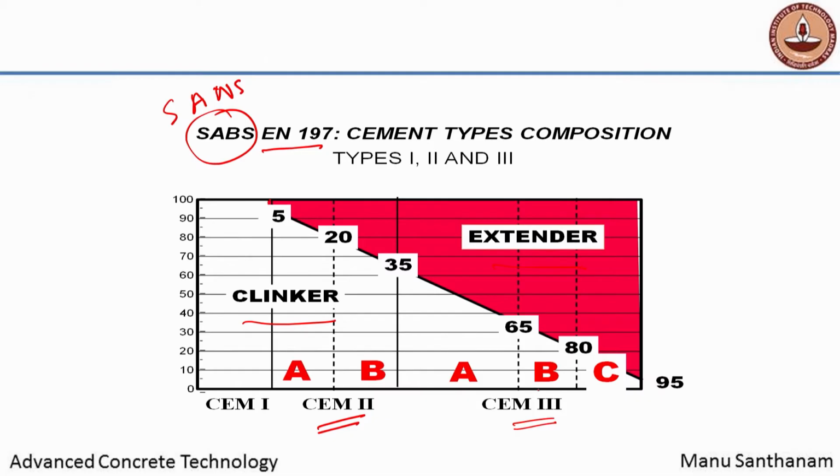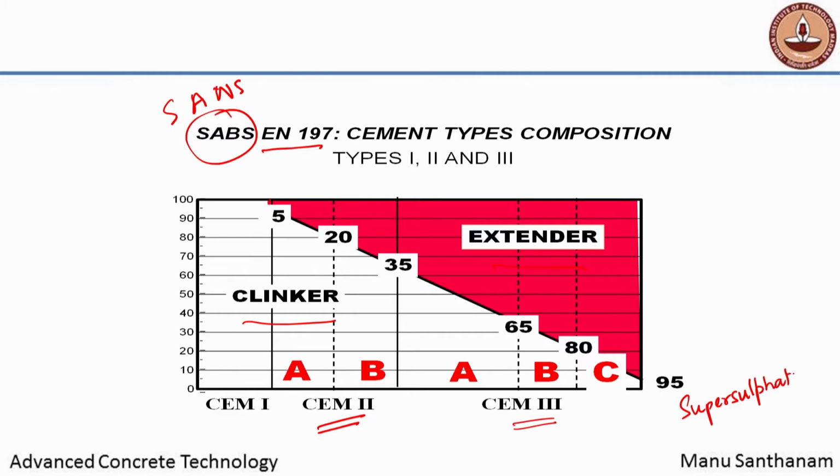Okay. So, here in CEM 3 you have type A, which contains up to 65% of slag, type B up to 80% and type C up to 95%. That means you have only 5% clinker there. So, in India we sometimes use that as a super sulfated cement.